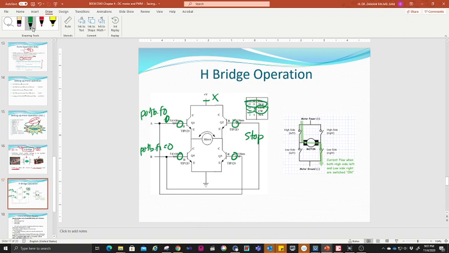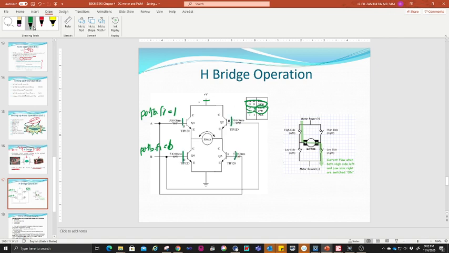So last one, if you put all 1s, what happens? F1 here is equal to 1, and this is also equal to 1. So we are going to turn on all the transistors here.